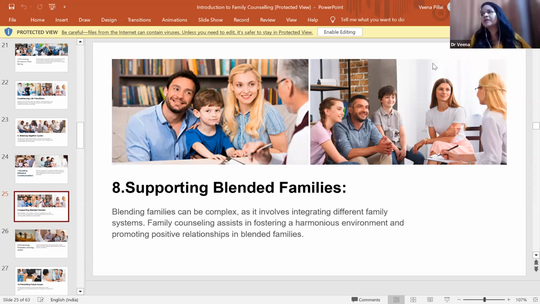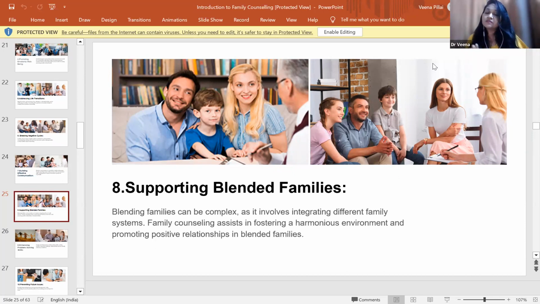So you would be born in a particular family carrying your own values, and after your marriage you will be subjected to a different environment. So how the blending of these families happens, sometimes there will be some difficulty for a person to get blended into the new environment.